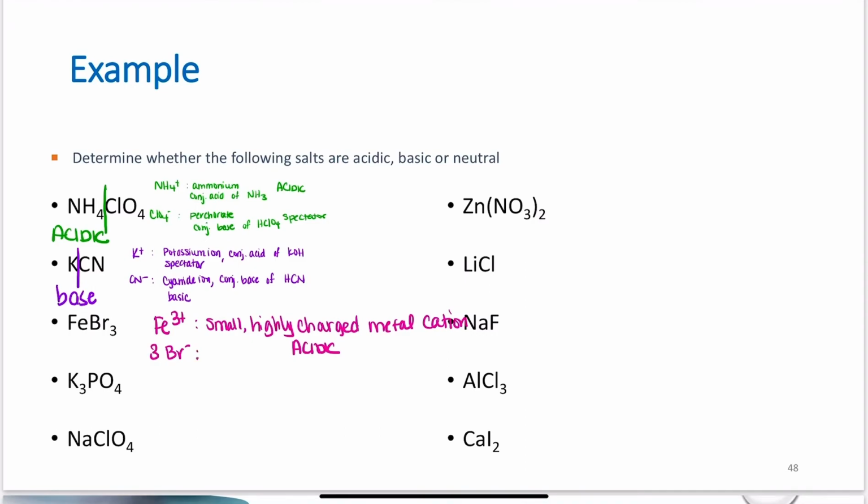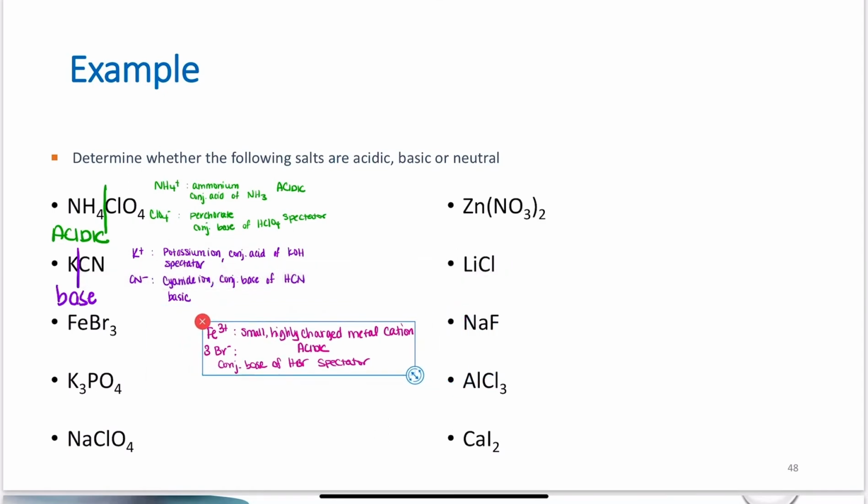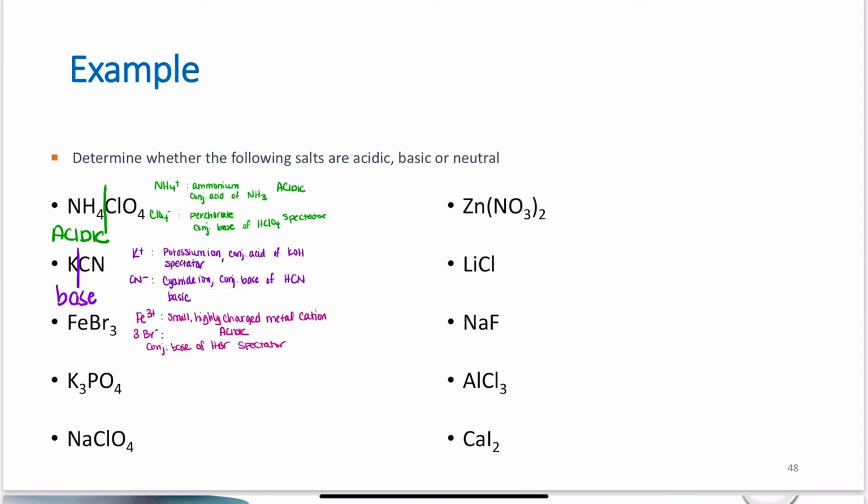Br-, conjugate base of HBr, so a spectator. But overall, this will be acidic.